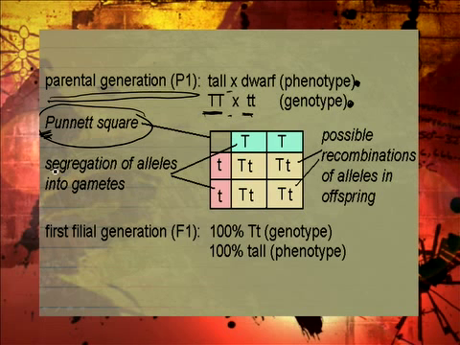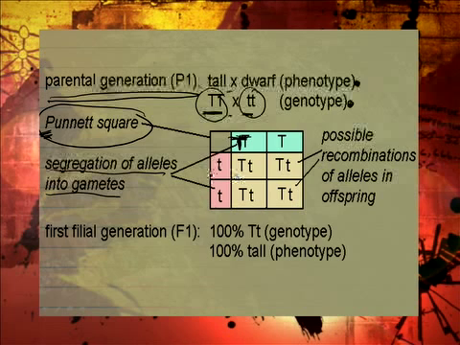Then you have to show the segregation of the alleles into gametes. So you take this parent and you say that the possible combination of alleles in the gamete can be capital T, capital T. In this parent, the possible combination of alleles in the gametes, small t, and you work the cross.